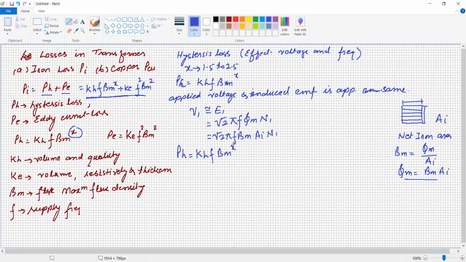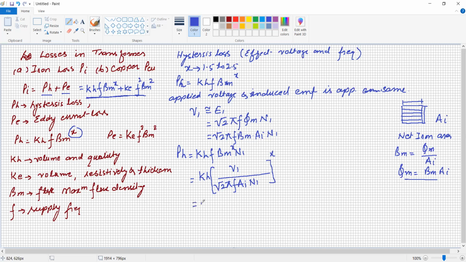So in this case, if we put the value of Bm over this one, we can write KH into bracket V1 divided by root 2 pi f net iron area into number of turns N1, raised to x.